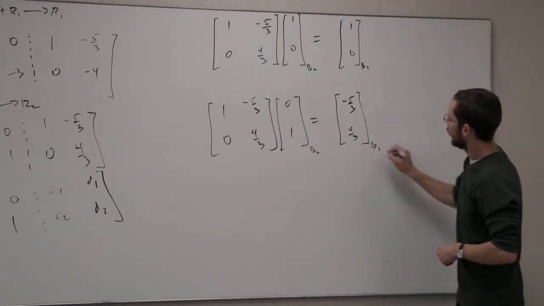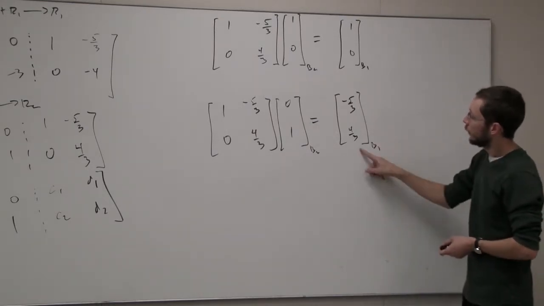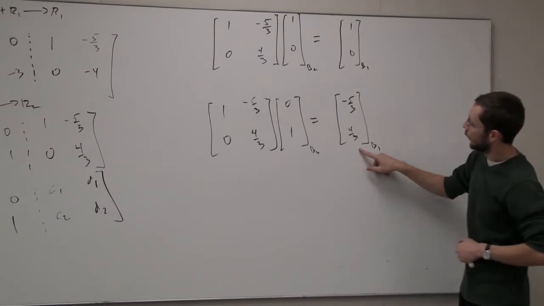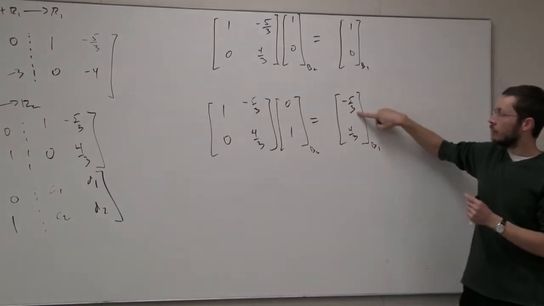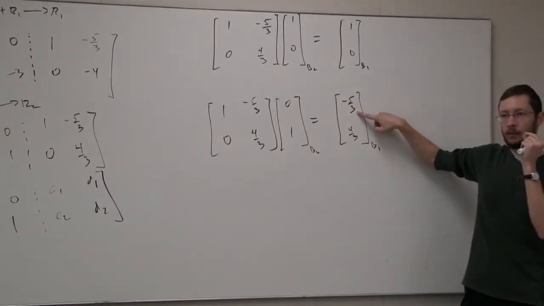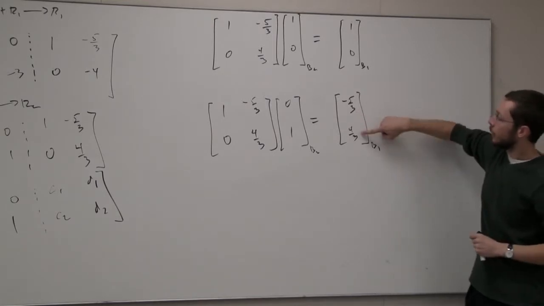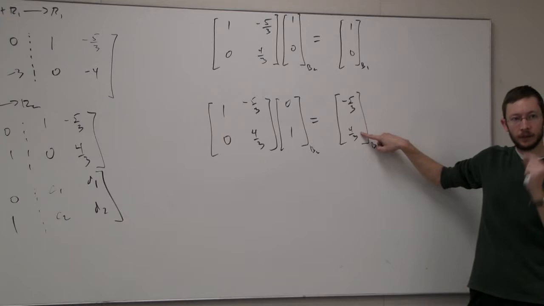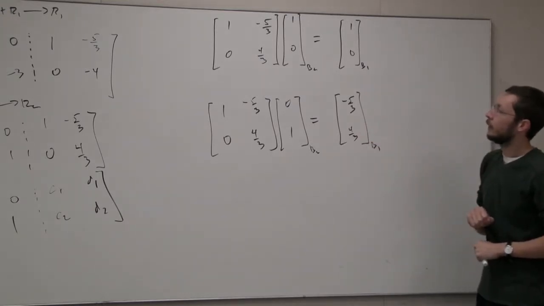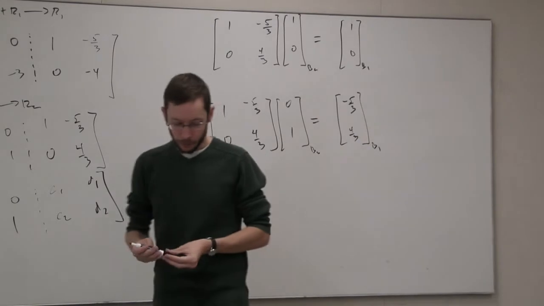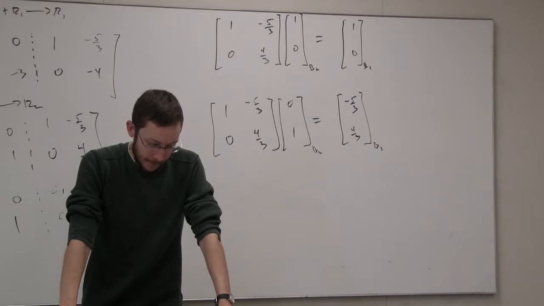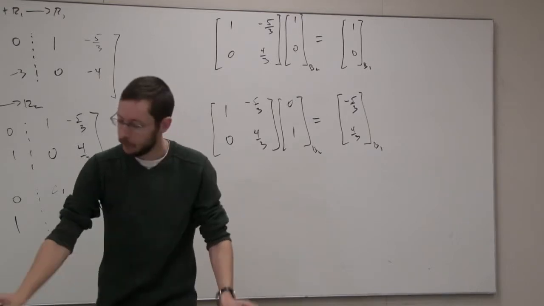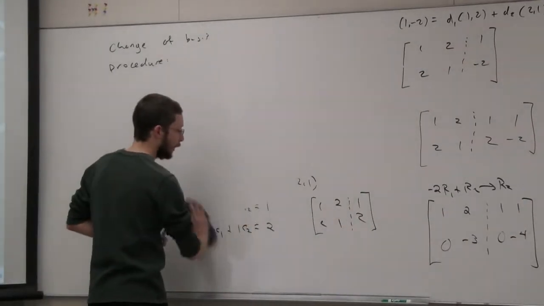And this is now expressed in terms of the first basis, so that the second basis vector, B2, can be thought of as negative 5/3 copies of the first basis vector for the first basis, and 4/3 copies of the second basis vector for the first basis. Okay, and so that is a way of changing the basis for a matrix.